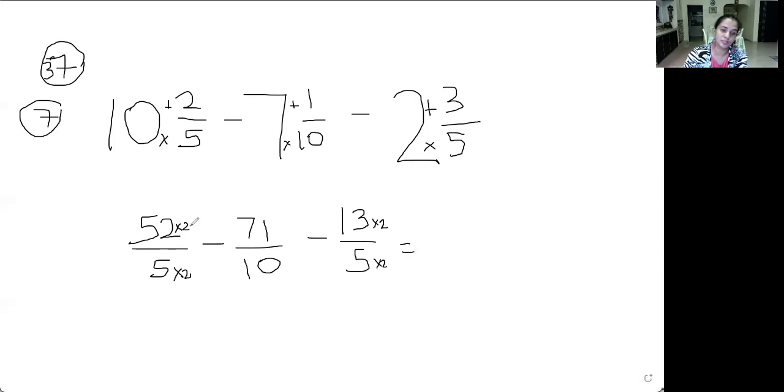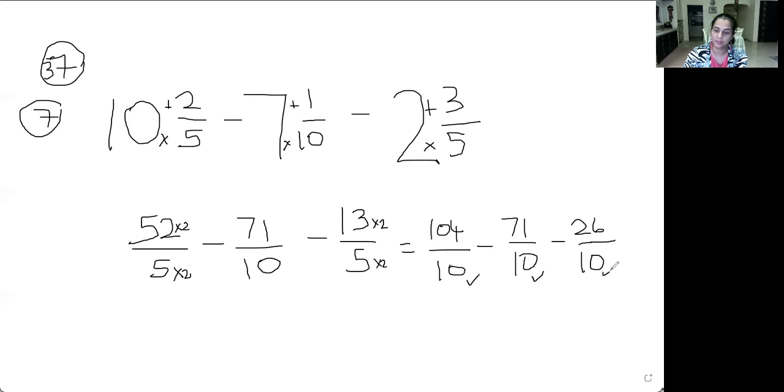So what is 52 times 2? 50 times 2 is 100, 2 times 2 is 4, so it's 104/10, minus, this one remains the same, 71/10, minus 13 times 2 will be 26/10. You see that? So now you have all three denominators the same, which means you can now work on subtracting the numerators.